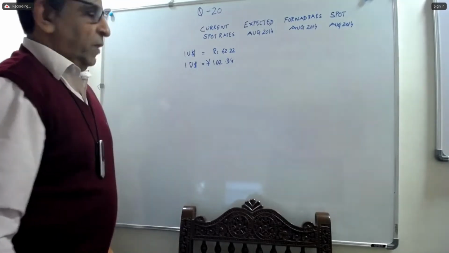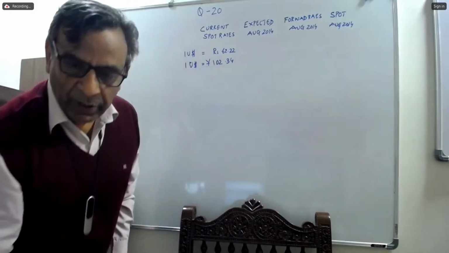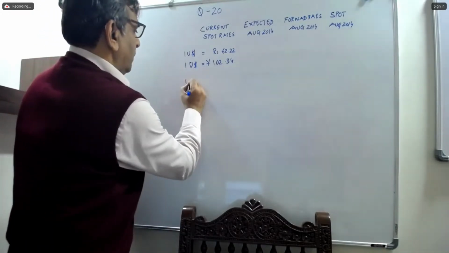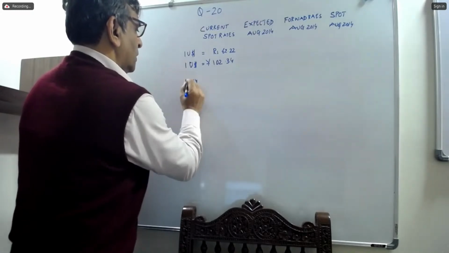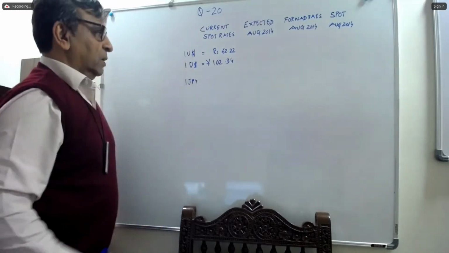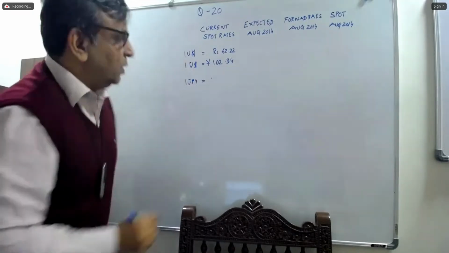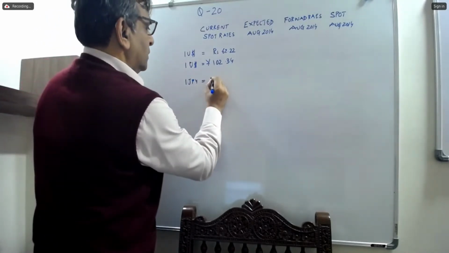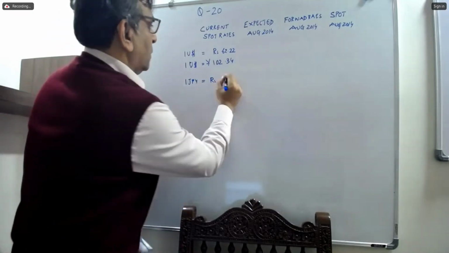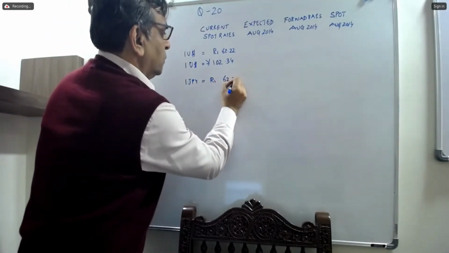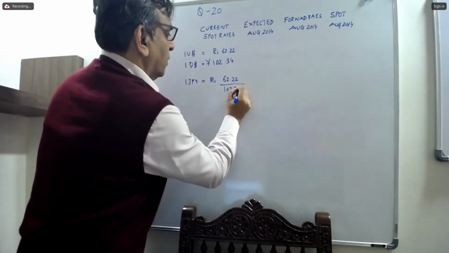Now, how much can we calculate? What is one Japanese yen? One Japanese yen will be equal to rupees, which we can calculate by 62.22 divided by 102.34.